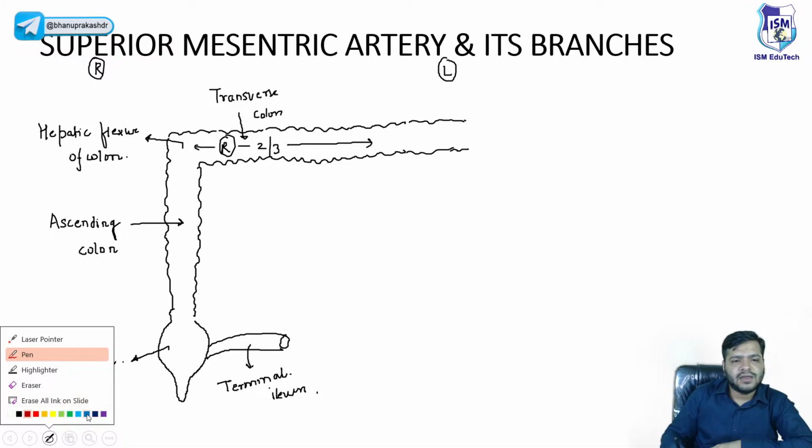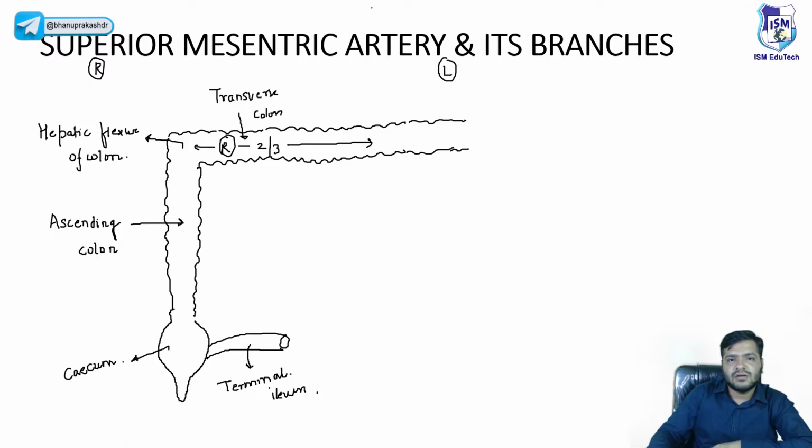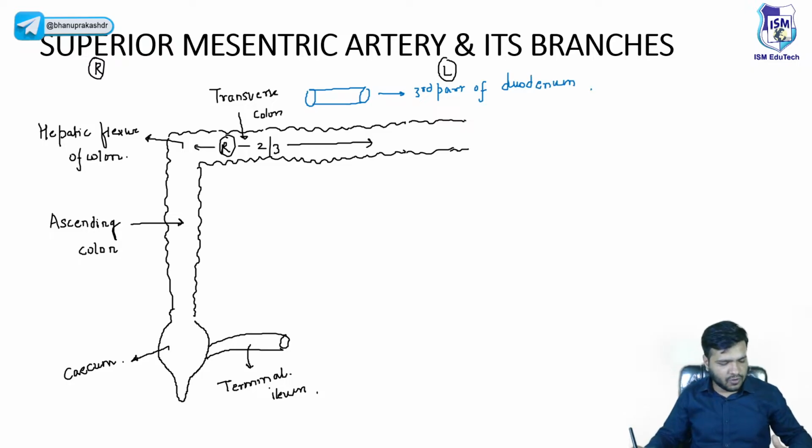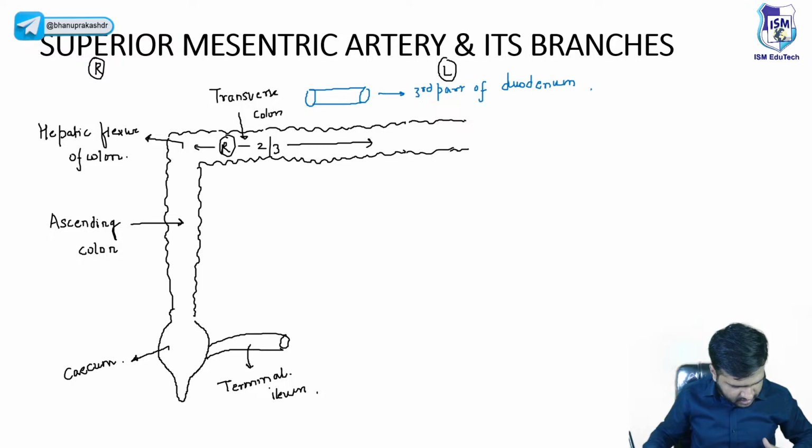Now beta, if I just want to draw over here, that is the third part of the duodenum. So if I'm just drawing the third part, I'm just mentioning it as the third part of the duodenum. Meanwhile, in the chat box, just let me know how many duodenum parts are there. This is the third part of the duodenum.